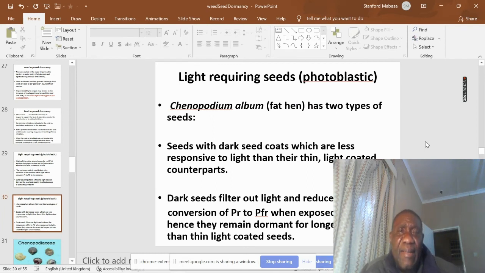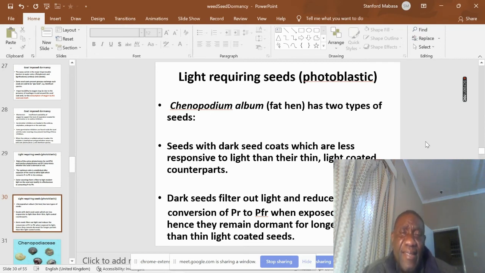We have a Canopodium album 30N, which has two types of seeds. Seeds with the dark seed coats, which are less responsive to light than their thin light coated counterparts. So you have dark seeds and the white seeds.